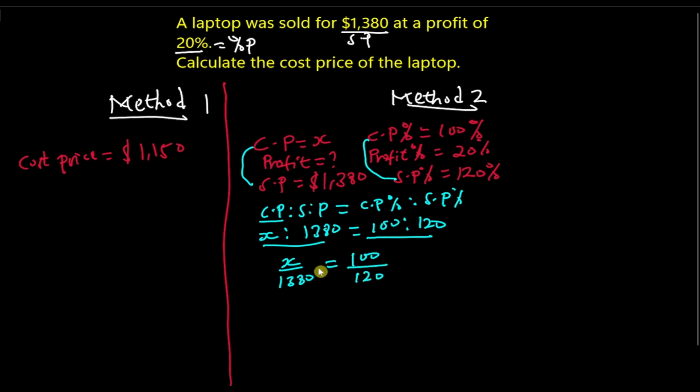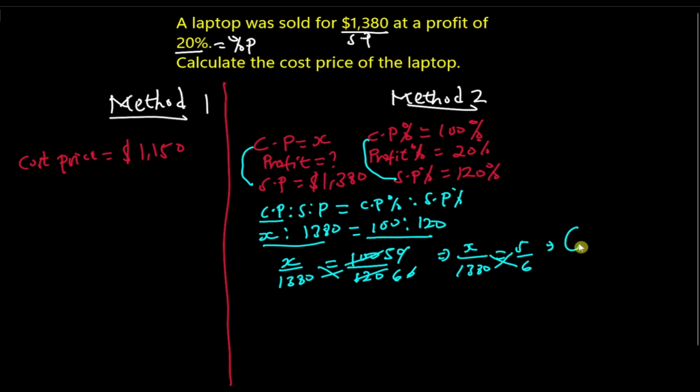Even before we do the cross multiplication, as you can see, 2 goes into 100 50 times and into 120 60 times, and the 0 can cancel the 0. We now have x over 1,380 equal to 5 over 6. So the x will multiply the 6 and the 5 will multiply the 1,380.